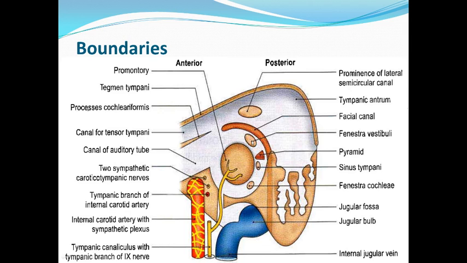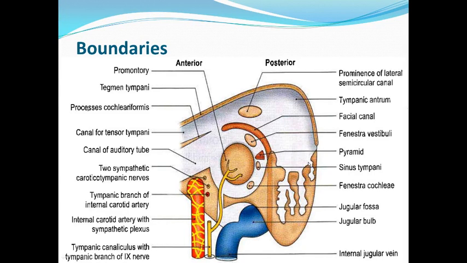Now there are three openings in this medial wall, and the first one is the fenestra vestibuli, the largest one. This fenestra vestibuli is an oval opening which is postero-superior to the promontory. This is superior, this is inferior, and this is postero-superior.